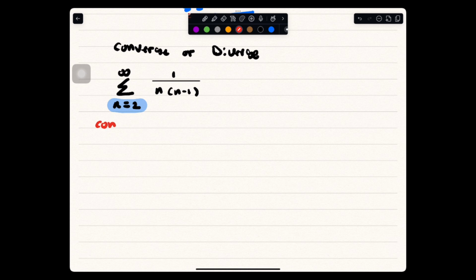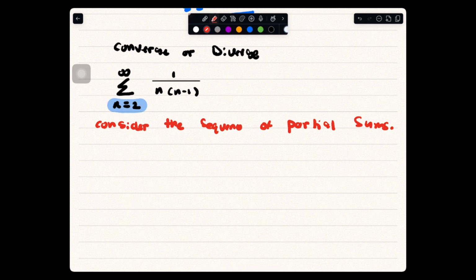What's under the hood? Consider the sequence of partial sums. Okay, you're going to look at that sequence of partial sums.